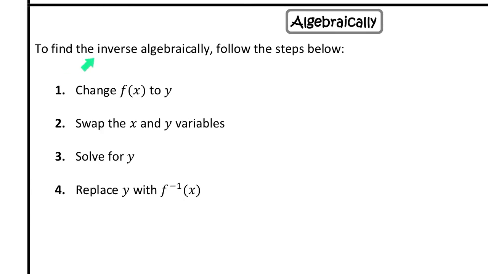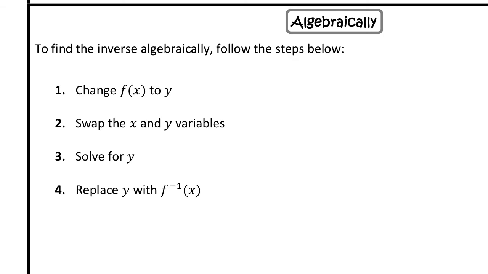So to find the inverse algebraically, follow the steps below. Change f of x to y. Swap the x and the y variables. Solve for y and replace y with f negative 1 of x.